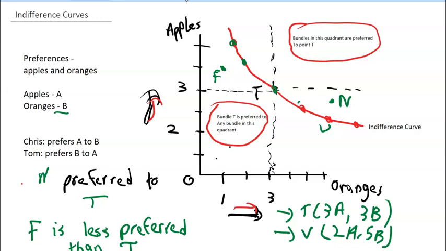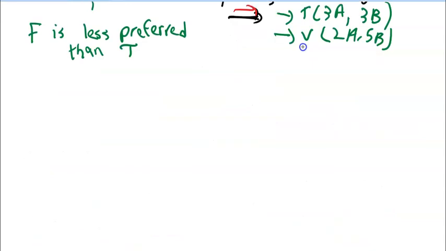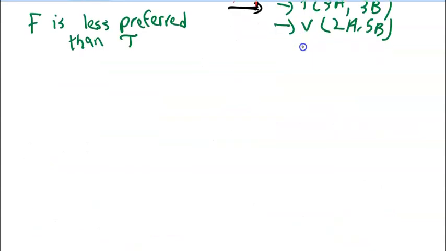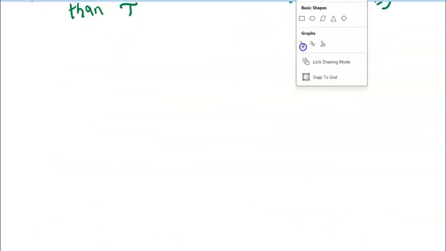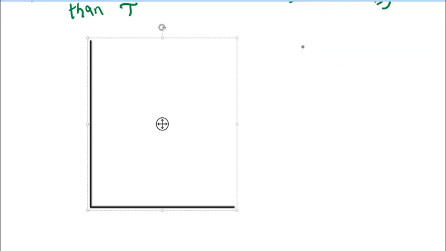Some people like this. Maybe this is their indifference curve. Another person may think that this is their indifference curve, or another person might feel like this is their indifference curve. It depends upon how much they prefer apples to oranges or vice versa. So again, let's start with apples and oranges.